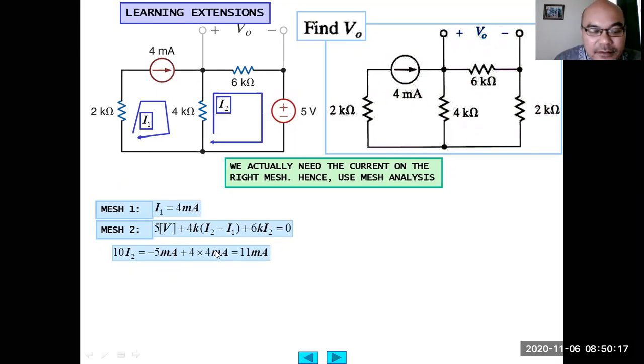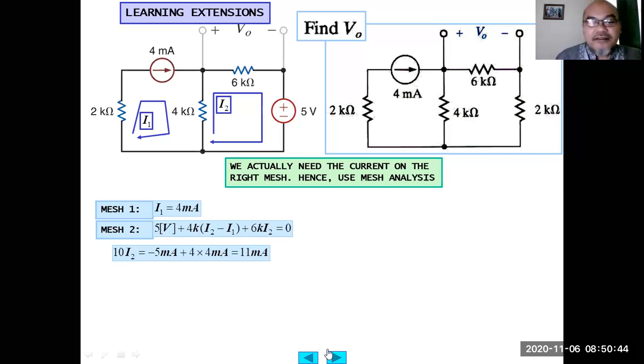So this becomes 5 minus 5. If we put here 5 volt, then this 4K plus 4 milliampere. So we insert this 4 milliampere into this equation.